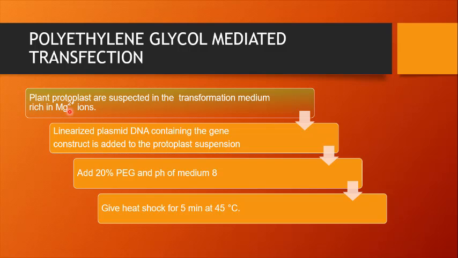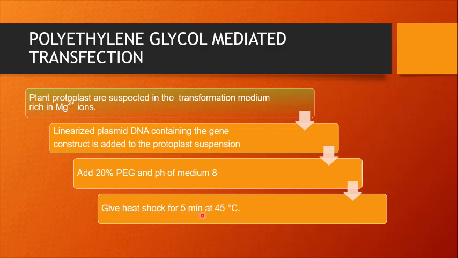Then we add 20% polyethylene glycol, and the pH of the culture medium is adjusted to 8. Then we give a heat shock for 5 minutes at 45 degrees Celsius. By this the DNA is inserted into the cell.